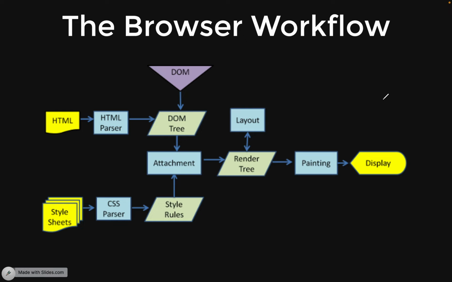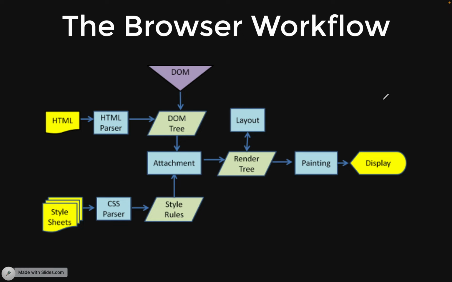Once the layout process is done, it moves to the next process, which is painting. In the painting process, layers are composed. Once we have laid out the structure, the next step is to apply the CSS rules, and the positioning gets applied in the painting step.